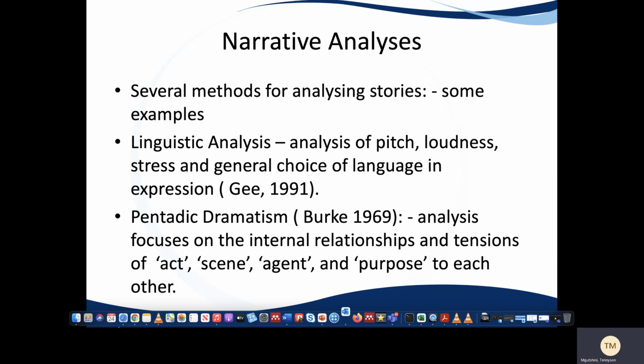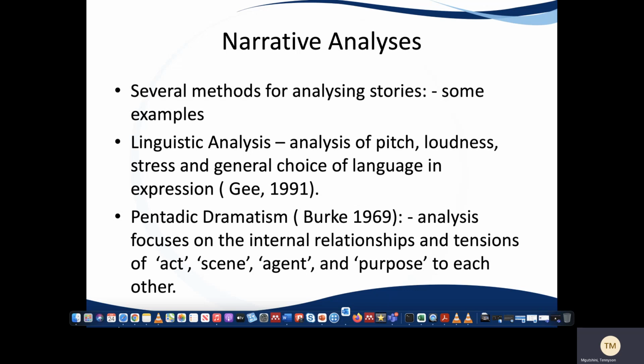Then, of course, there's something that they call pedantic dramatism. And this really focuses more on the non-verbals. They talk about the internal relationships and the tensions that seem to exist between what it is that was seen, the act, the venue where the act occurred, and of course the agent being the individuals in the story, and the purpose that people perceive in relation to this thing that they're narrating.